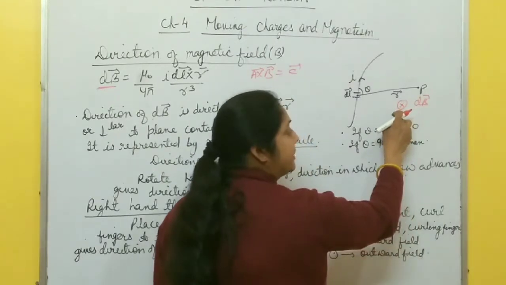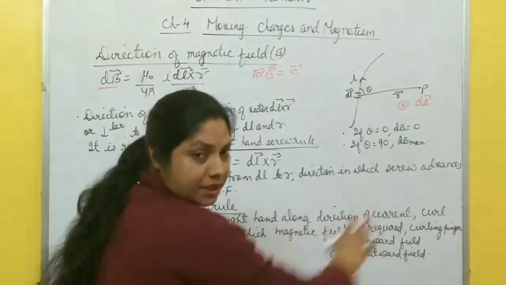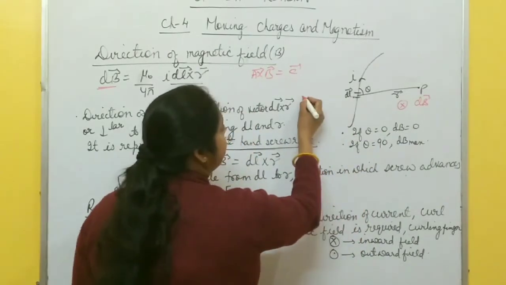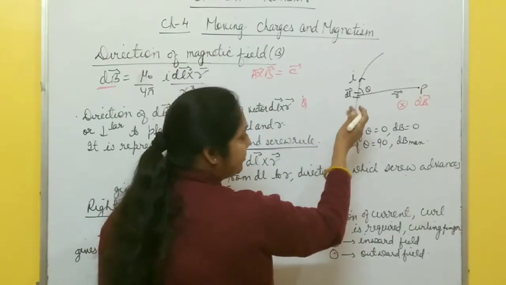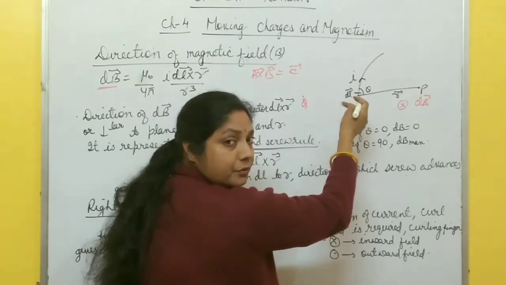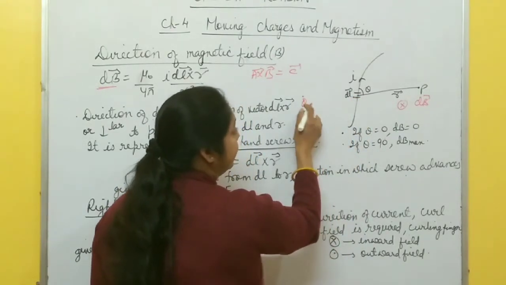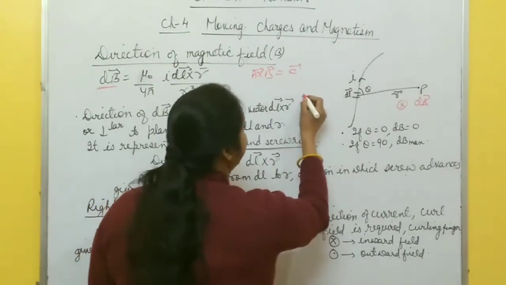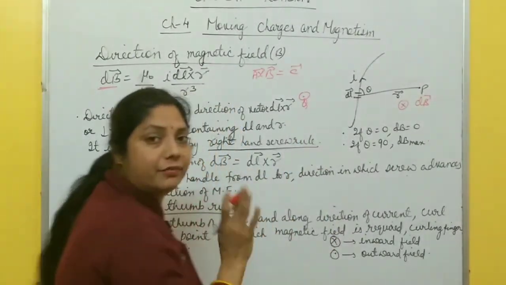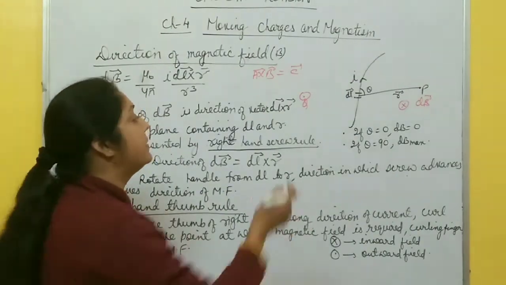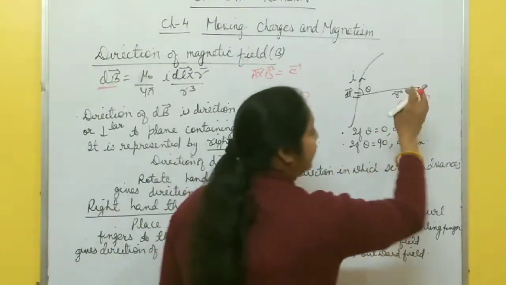Inward, or perpendicular to this plane, is represented by a cross. And here at point Q, the screw rotates outward, so the direction of the magnetic field at this point is outward. It is denoted by a dot.